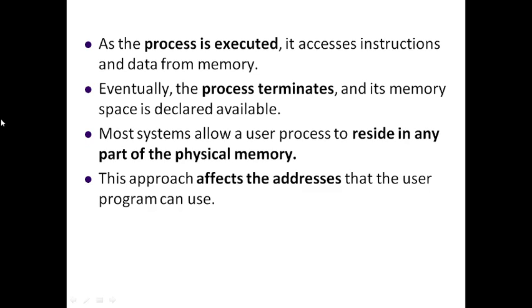Initially, if you go back to assembly language programming, the instructions were decided by the programmer. So while writing the instructions, for example, you have to write a go to statement, so go to a particular address. In that case, you would have hard coded the address directly.